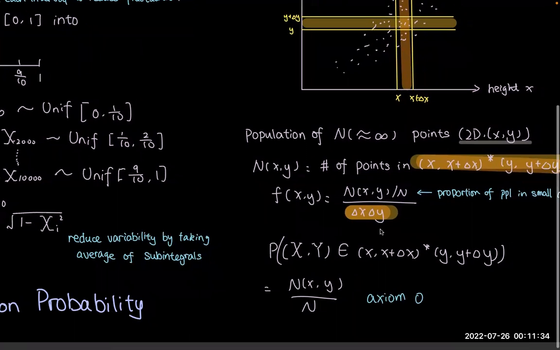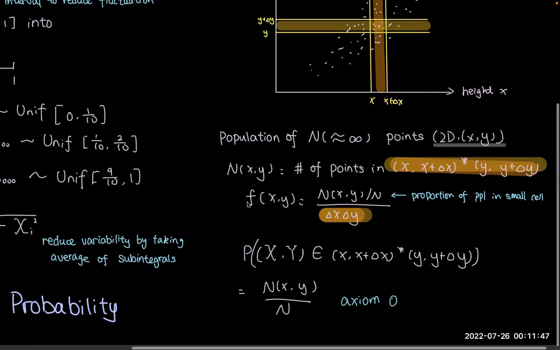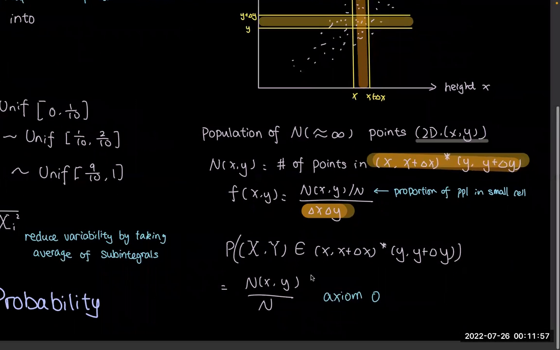So you see that this population proportion now has a probabilistic interpretation under uniform, equally likely random sampling. And now we can interpret this f of x as a probability density function, because this population proportion becomes probability under random sampling.